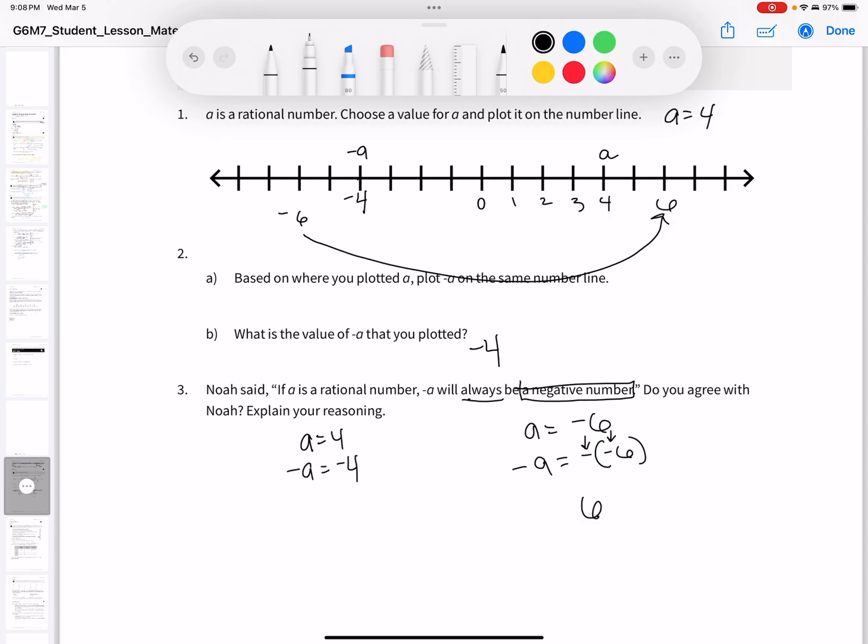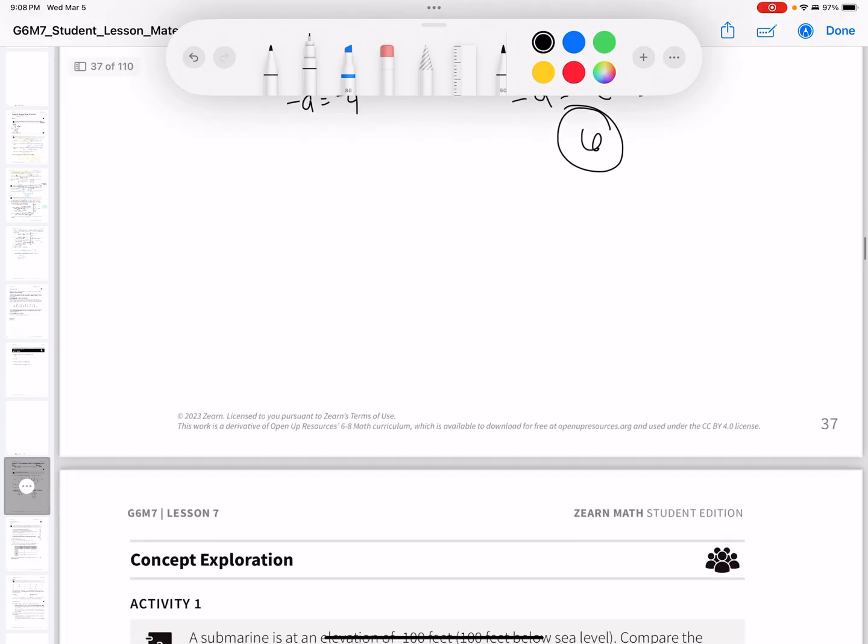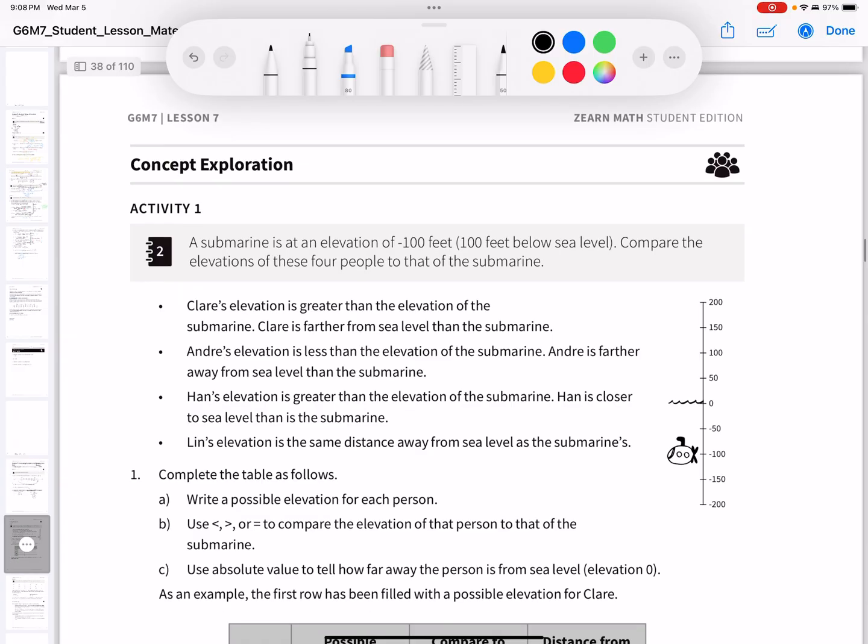And so is negative A always going to be negative? No, it's not, because we just showed you when you do a negative of a negative, it actually becomes a positive. Okay, so let's do activity 1.